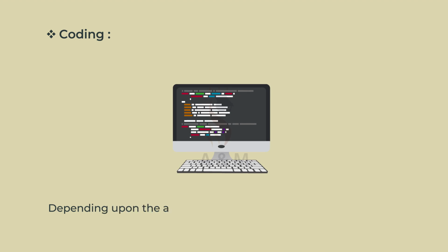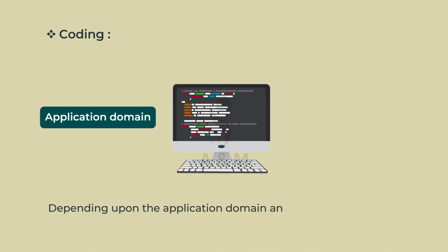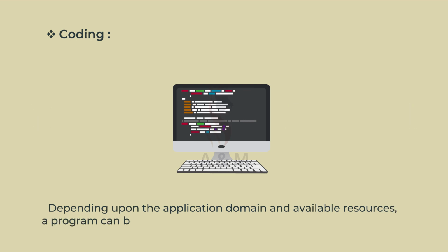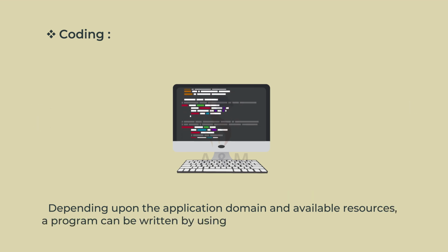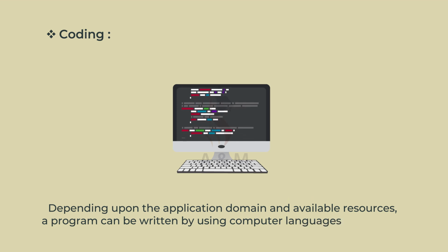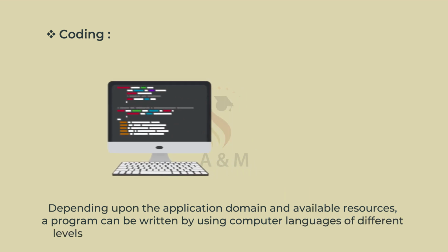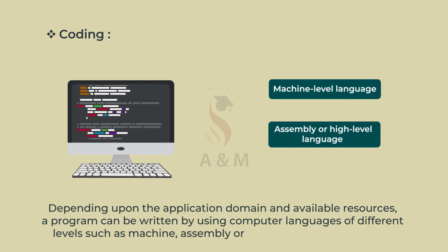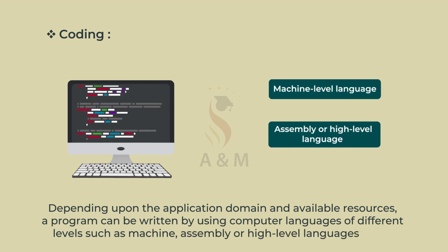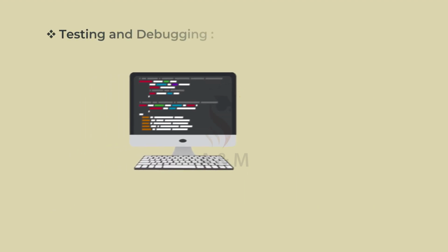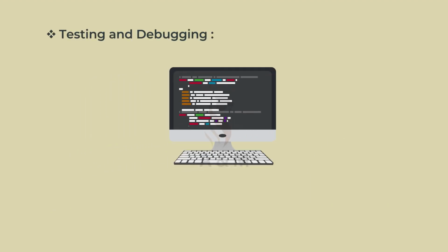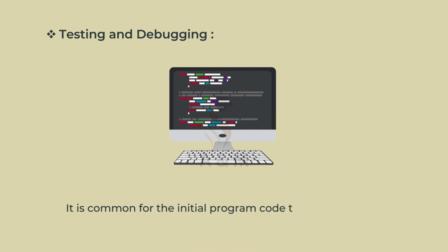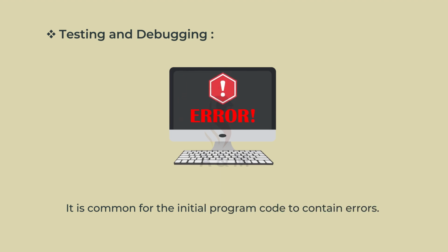Depending upon the application domain and available resources, a program can be written by using computer languages of different levels, such as machine, assembly, or high-level languages. Testing and debugging. It is common for the initial program code to contain errors.